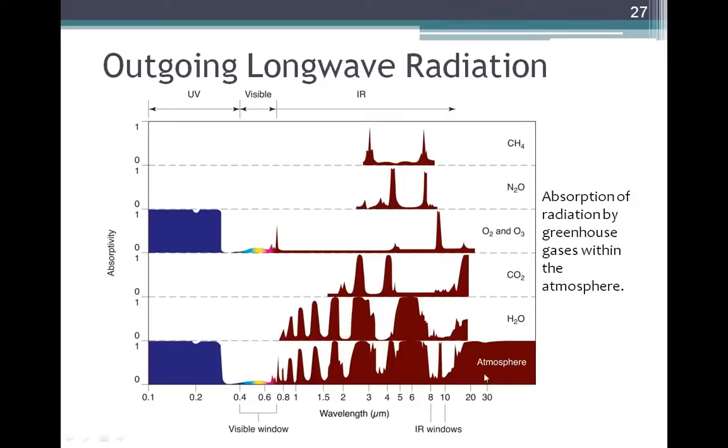And what happens is we have a few gaps where there's nothing absorbing. And we call these windows. And there's two windows here that are important that are at about 8 and 10 micrometers. These are called infrared windows because there's no greenhouse gases that are absorbing energy at those wavelengths. So it's like opening a window and allowing some of the heat to escape.